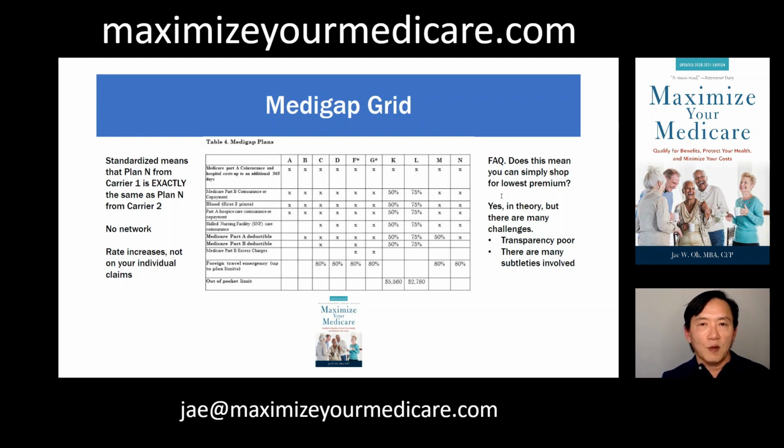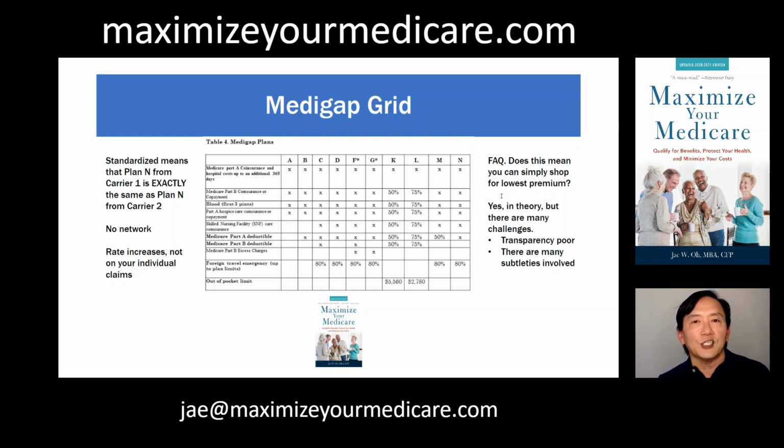Now, the most frequently asked question that I get is, oh, well, if they're all the same, can I just simply shop by price? Well, in theory, the answer to that is yes, right? Since Plan N is the same from Carrier 1 to Carrier 2, you would think that they should be similar in price and that you should just choose the cheapest price.